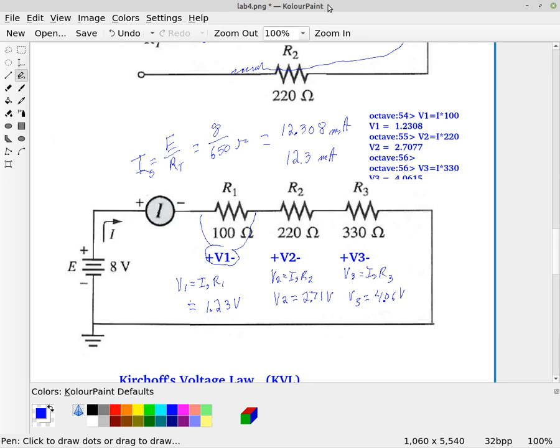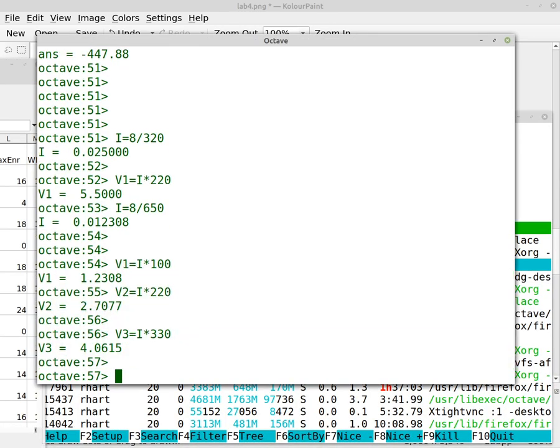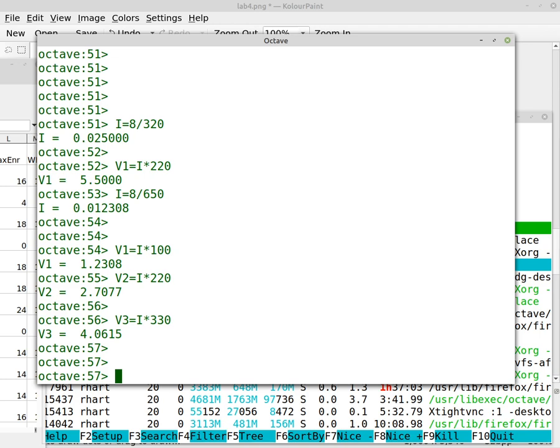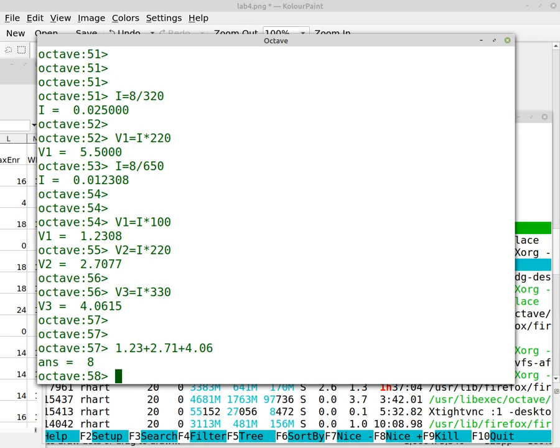All right, so if we added up 1.23 plus 2.71 plus 4.06, you can see that we get 8 volts. Now, you have to be careful though, because sometimes when you round and cut it down to 3 digits, it may not come up to be exactly 8 volts.